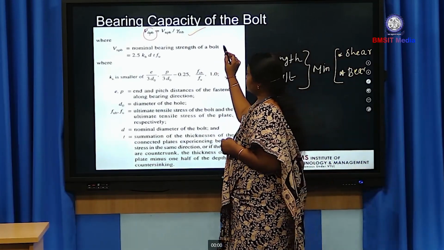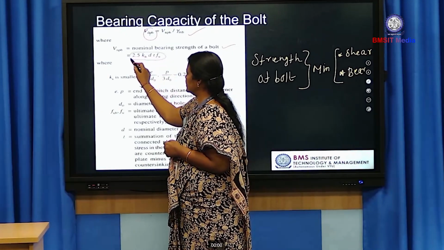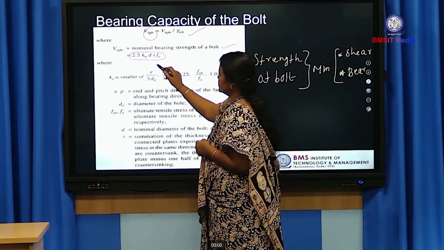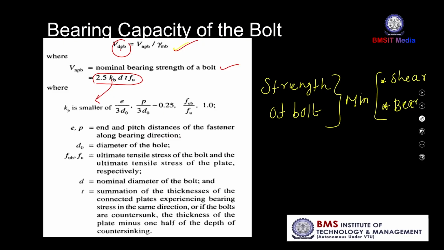So, nominal bearing strength of the bolt is equal to 2.5 times Kb d t fu. This Kb is a factor. How can we find the Kb? Kb is equal to the minimum of these four conditions: first condition, second condition, third one and fourth one. Among these four we have to select the minimum one, and that value is considered as the Kb value.